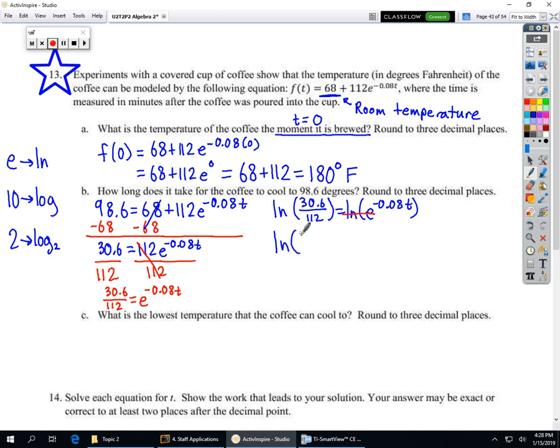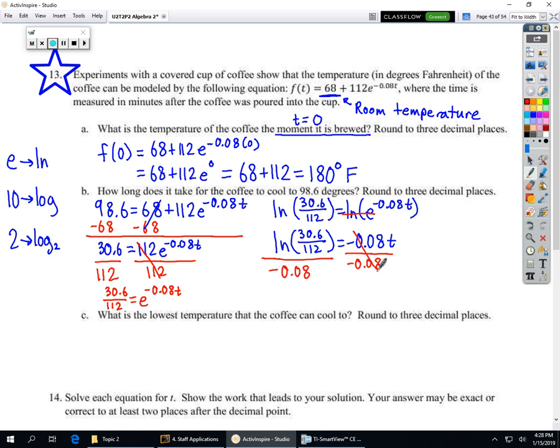Leaving just this: ln of 30.6 over 112 equals negative 0.08 t. Finally, I just divide by negative 0.08.